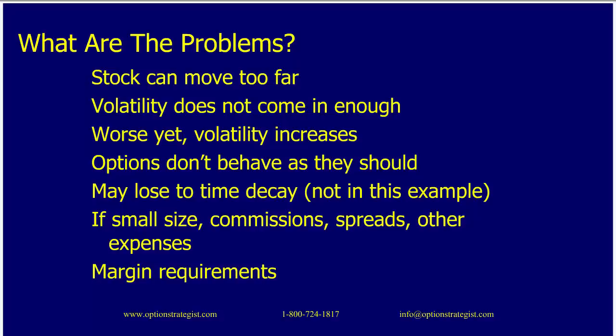Okay, and you know, the options might just not behave as they should. It might be that other options within the series are the volatility drops, but the particular one that you sold, the 60 call in my example, for whatever reason, might stay high. Another problem might be we might lose to time decay. That's not in this particular example. You know, we're short options, so selling, so time decay is working in our favor.